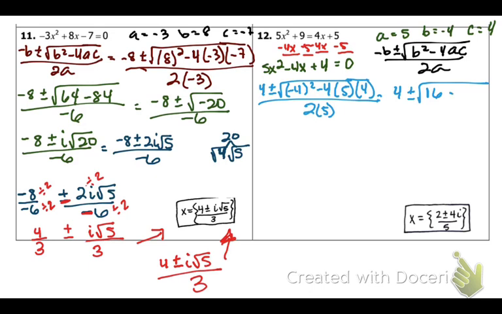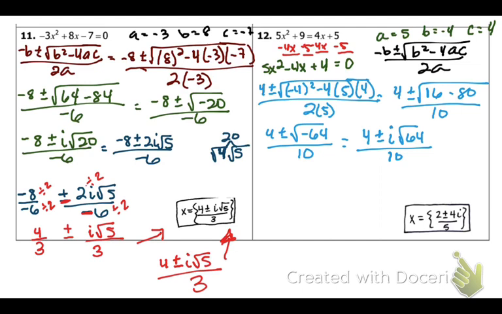That's going to give you negative 80 all over 10. Now 16 minus 80 is negative 64. So 4 plus or minus square root of negative 64 over 10. But remember that the negative is an i, so I'm going to take that i out.